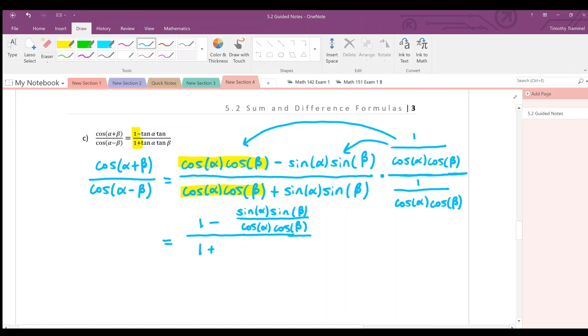And actually the exact same thing happens down here in the denominator. Sine of alpha sine of beta all over cosine of alpha cosine of beta.